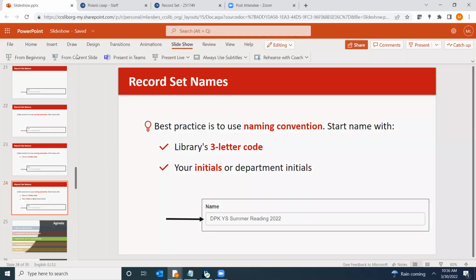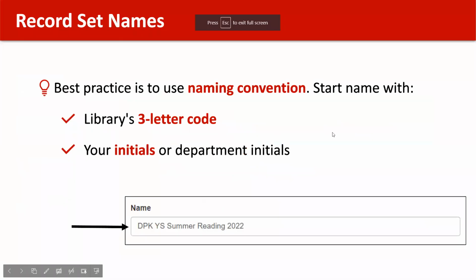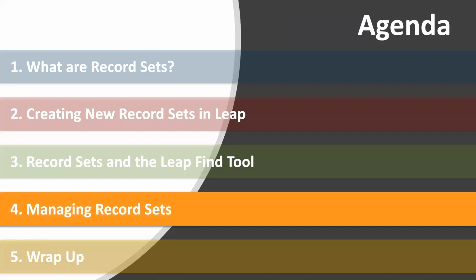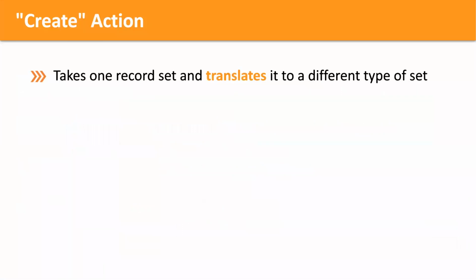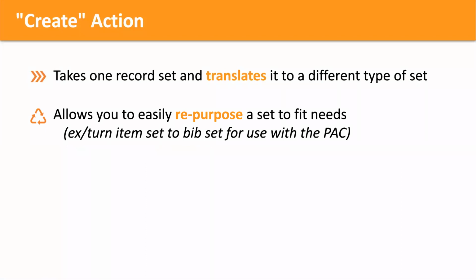Let me pop over to my slides here so I can kind of explain why this is a cool thing. So again, the create action takes an existing record set and translates it into a different type of set. And this is a nice feature because there are only certain things that you can do with each record type.